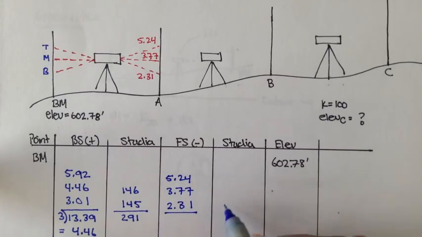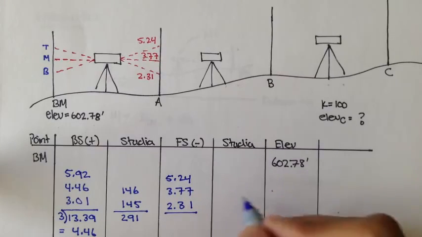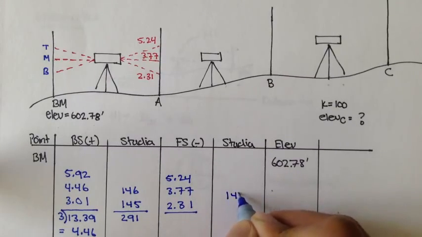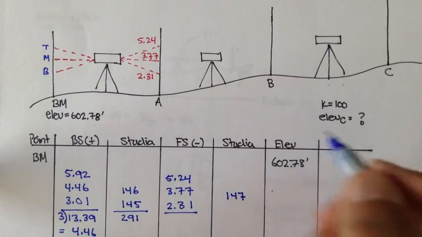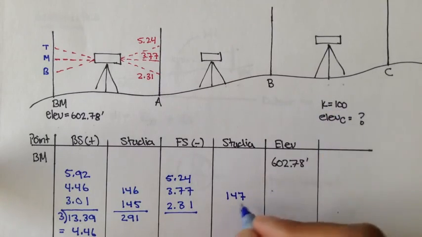Now let's add these just as we did. I'm sorry, let's check our stadia first. Remember, top minus middle, 5.24 minus 3.77 is 1.47. You multiply that by 100, you get 147. Remember, it's K times delta.